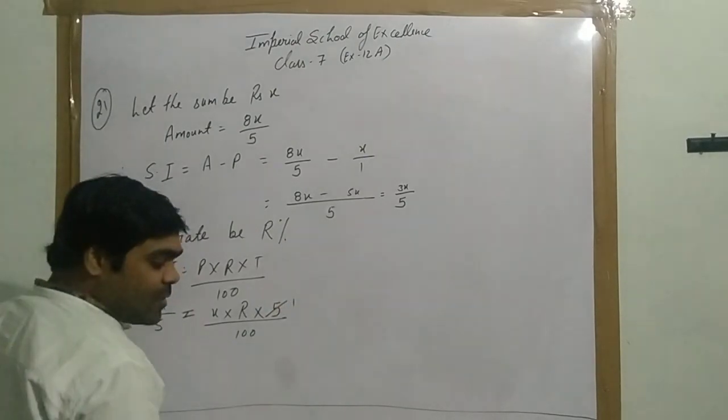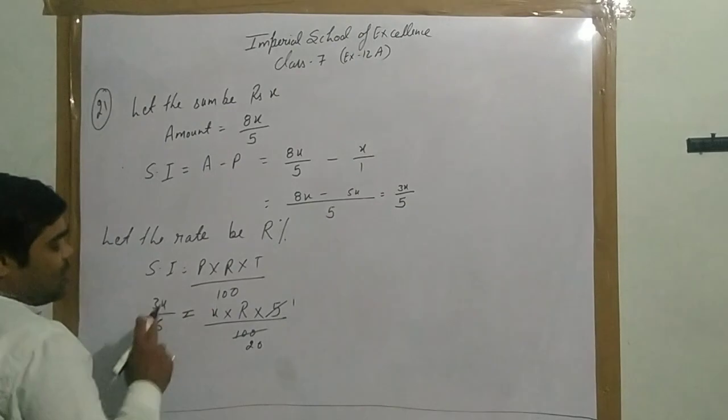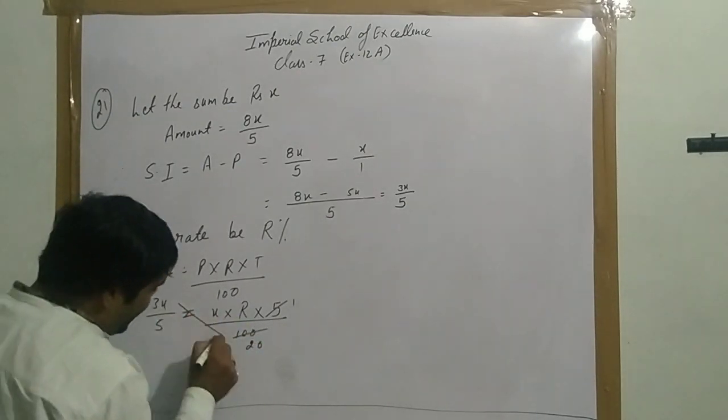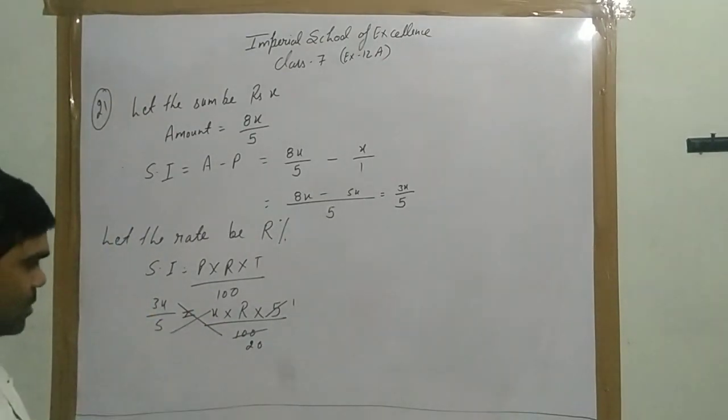5 1s are 5, 5 2s are 10, 5 20s are 100. So 3x upon 5 equals x into R upon 20. We will do cross multiplication here.